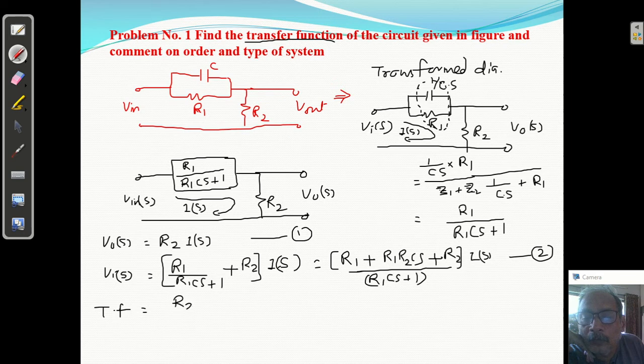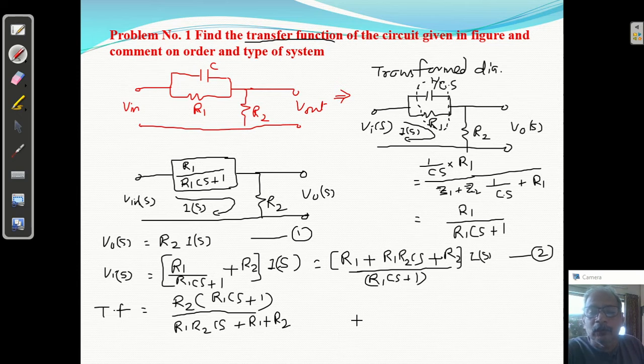So R2 I of S will be cancelled, and upon R1 R2 CS plus R1 plus R2 upon this. The R1 CS plus 1 will come up to the numerator. So if you solve it, you will get R1 R2 CS.